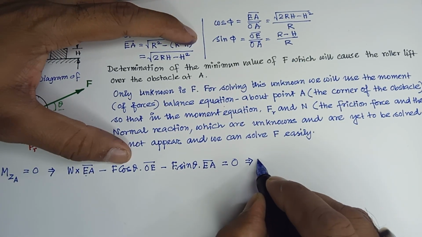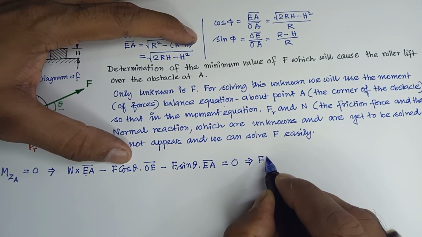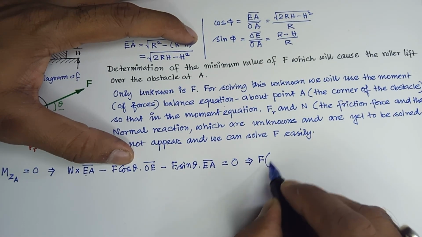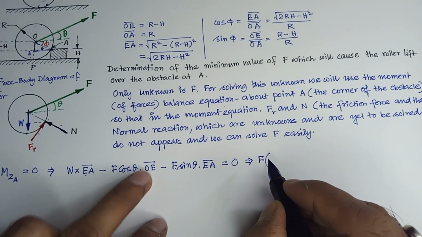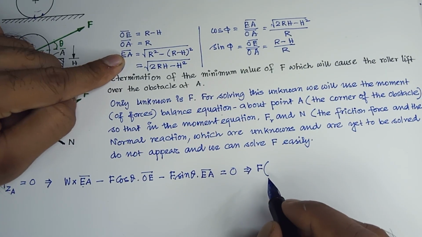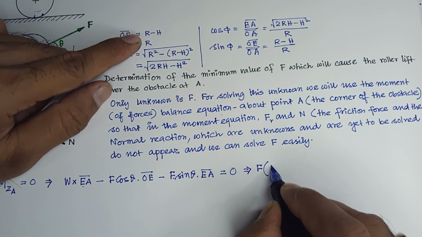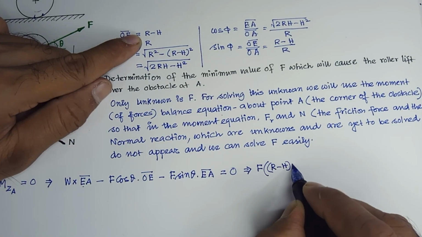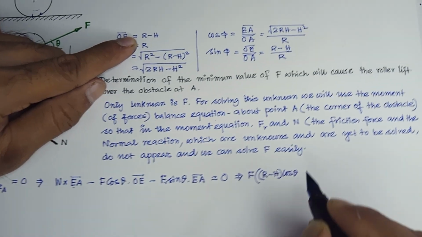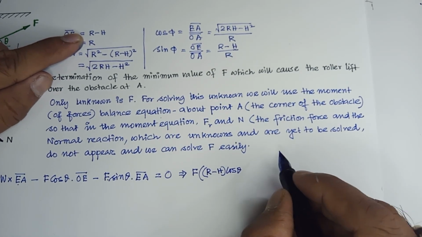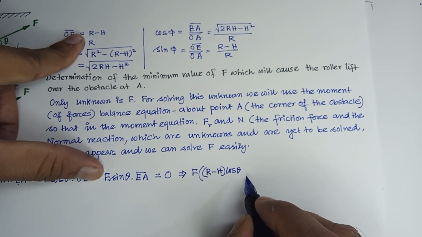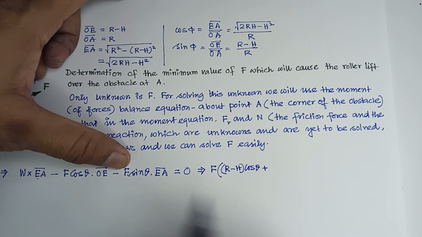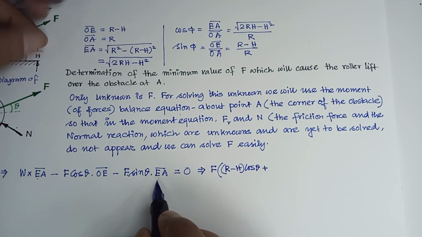F multiplied by cos theta, and OE is equal to R minus H. So (R minus H) multiplied by cos theta, plus this will be plus, so EA, what is that?